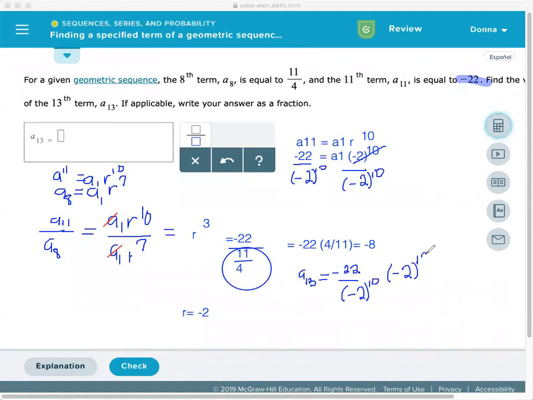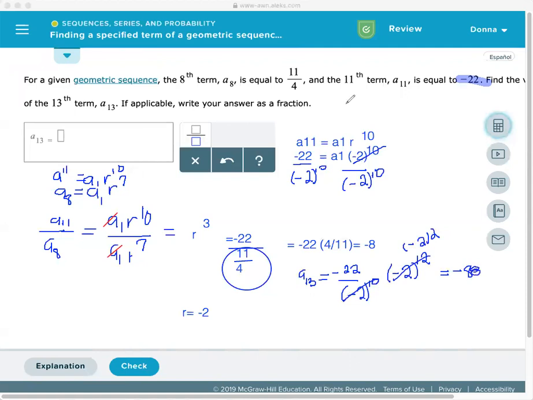And the reason it's to the 12th power is because 13 minus 1 is 12. So I have negative 2 to the 10th, and then I have negative 2 to the 12th. That's going to cancel and just leave me with negative 2 squared. And negative 2 squared is equal to 4. So I'm going to get 4 times negative 22, which is negative 88.